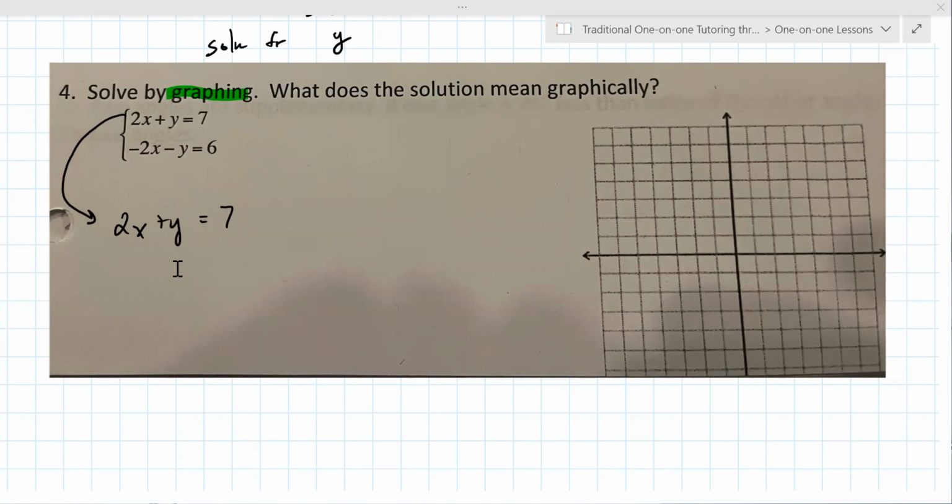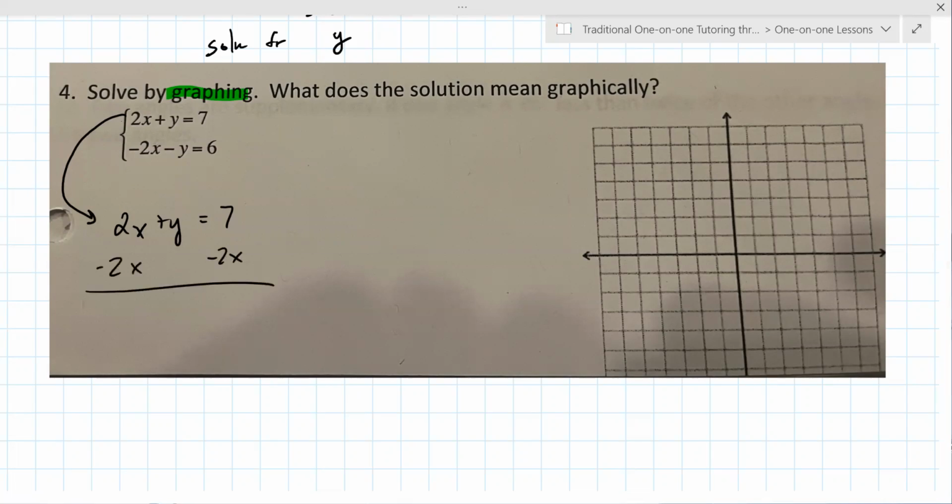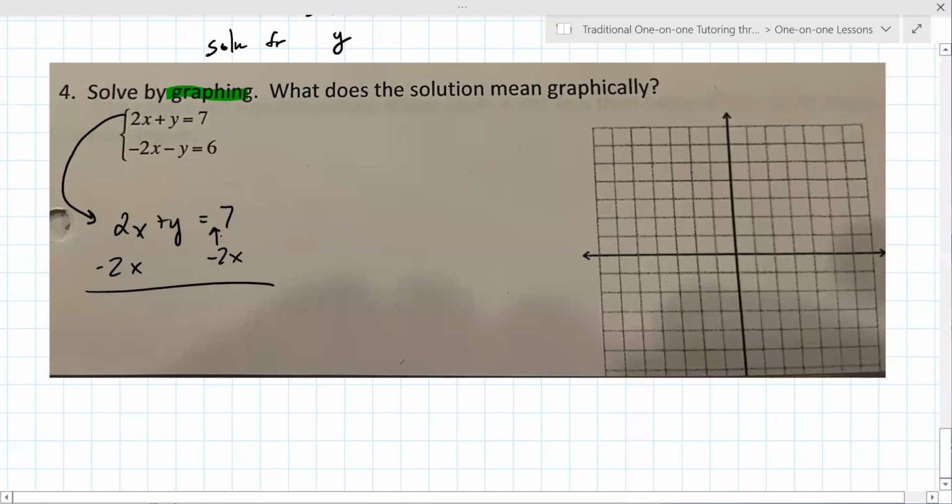No. You're solving for y, so you're going to subtract 2x from both sides. Yes, I did that, and then I got y by itself, and then 5. Remember, the minus 2x goes up in front. It's like y equals minus 2x plus 7. Oh, okay.